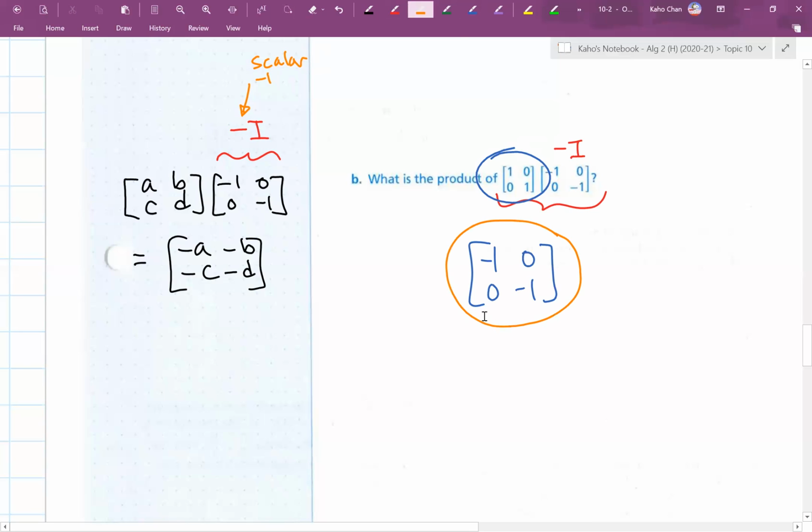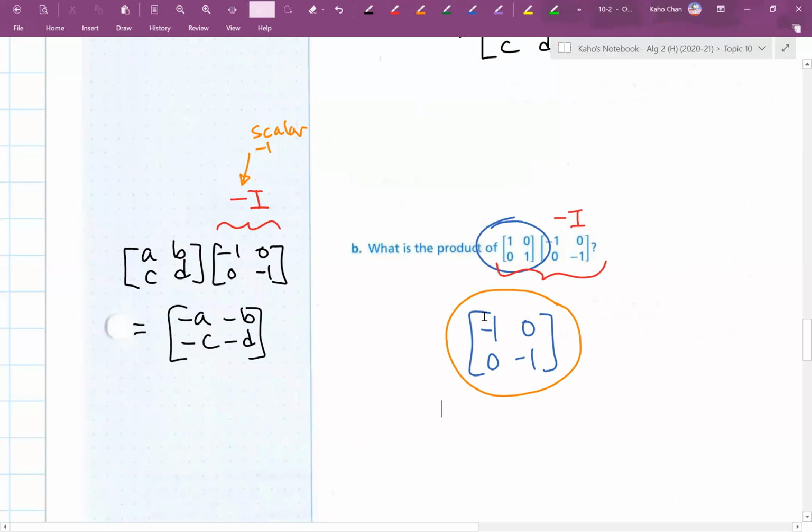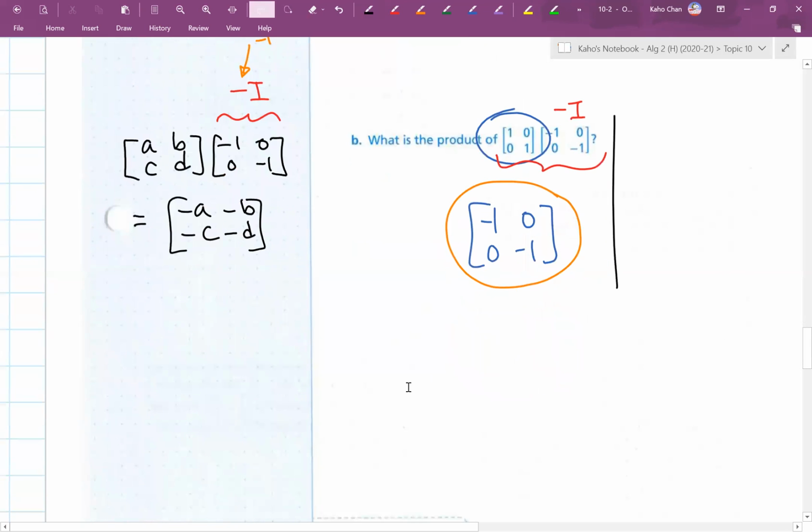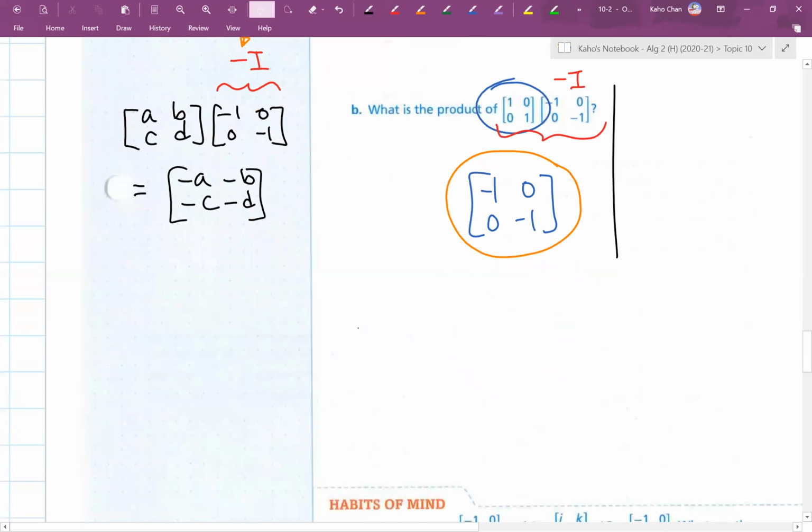In fact, going back to the idea of the identity, here we go. It works both ways. Take any matrix, multiply by the identity matrix, which is a square matrix, and you'll get the matrix itself again.